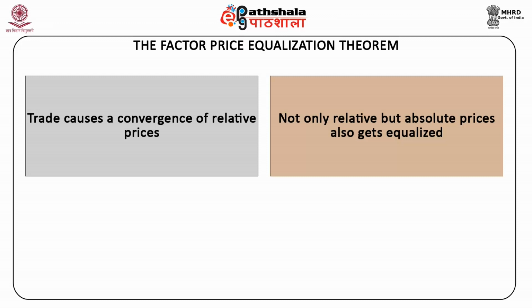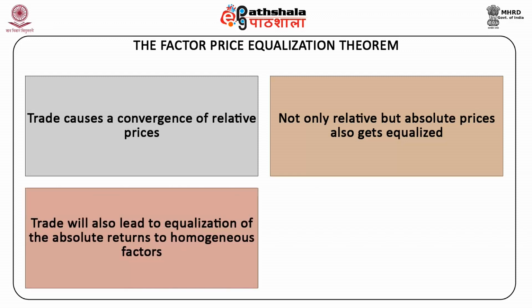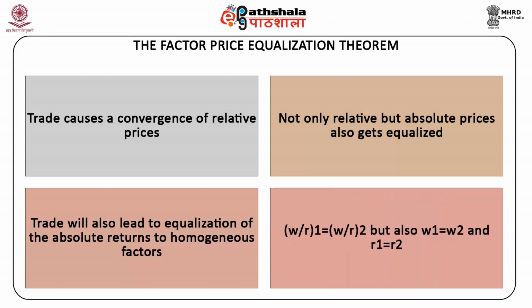Given that trade equalizes relative factor prices and perfect competition exists in both commodity and factor markets, and that both nations use the same technology and face constant returns to scale, trade will also lead to equalization of the absolute returns to homogeneous factors. Hence, not only is W/R1 equal to W/R2, but also W1 is equal to W2 and R1 is equal to R2.